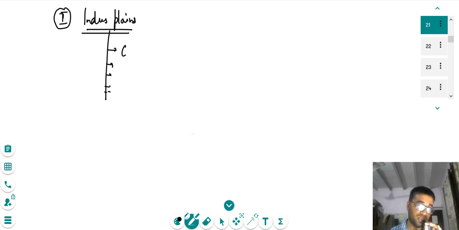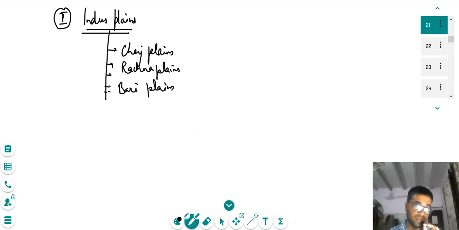Number one is the Chaj Plains, Rachna Plains, Bari Plains, Beast Plains.